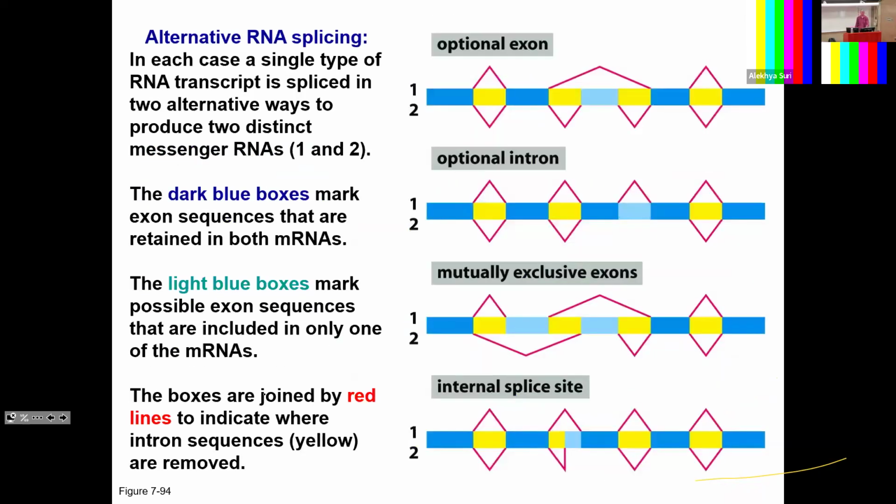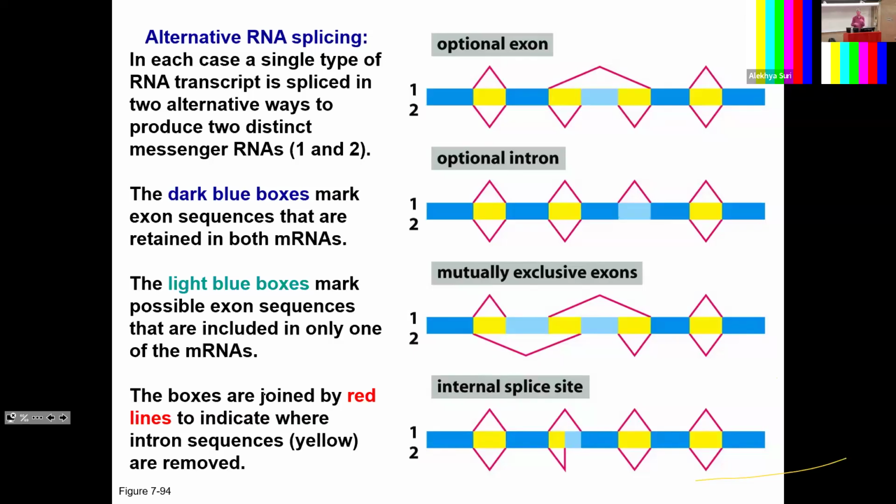Again, introns will be precisely removed. In mammalian RNAs, you have a lot of these introns. It could be just each intron removed, or one exon in the middle could also be removed.